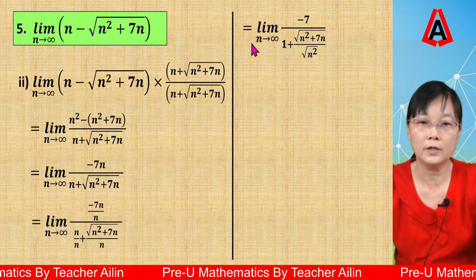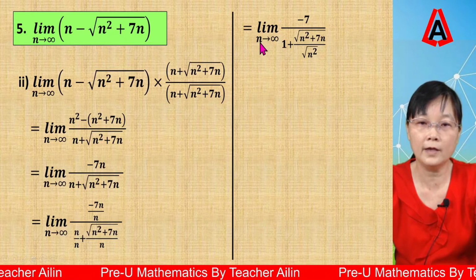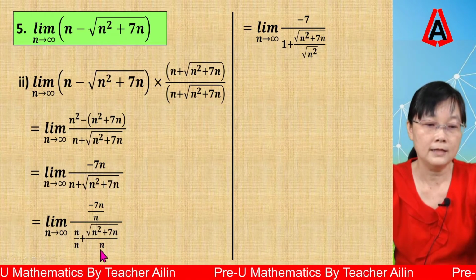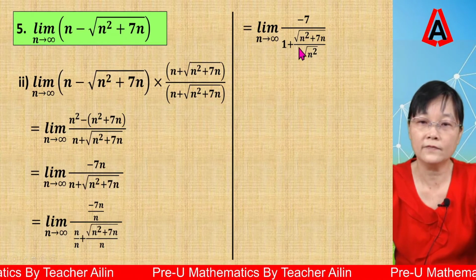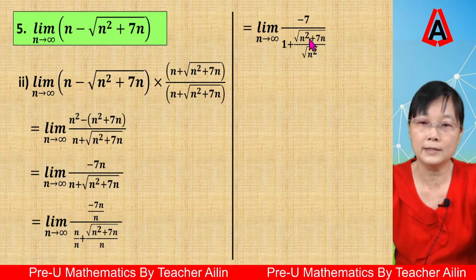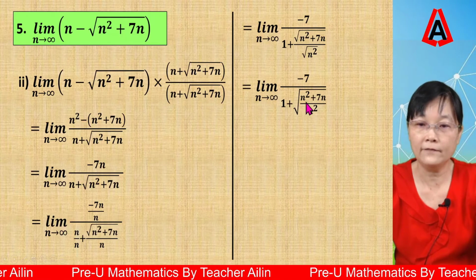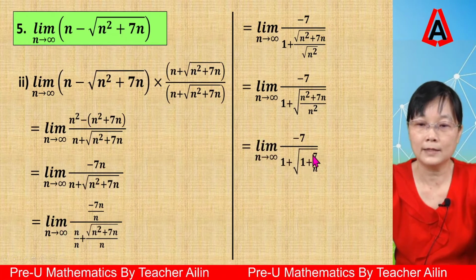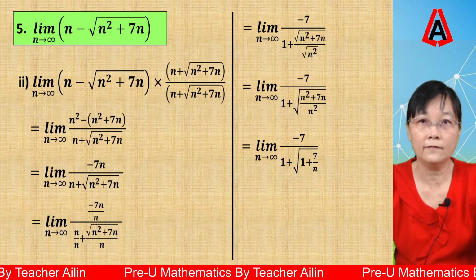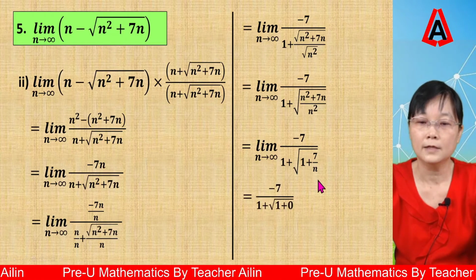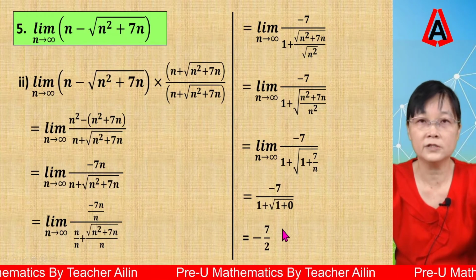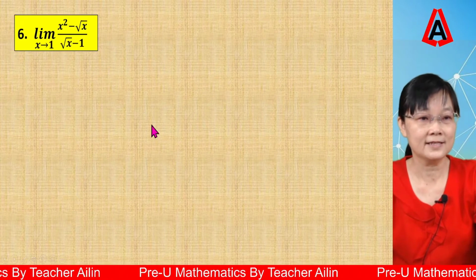Since now we are finding the limit of n approaches positive infinity, n can be changed to positive square root of n power 2. Then after that, I combine this part and I simplify, then I'll get something like this. So, when I substitute the n with infinity for the third time, finally, I get the answer negative 7 over 2.